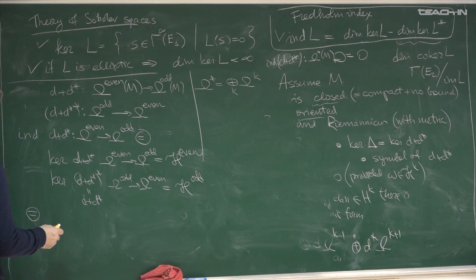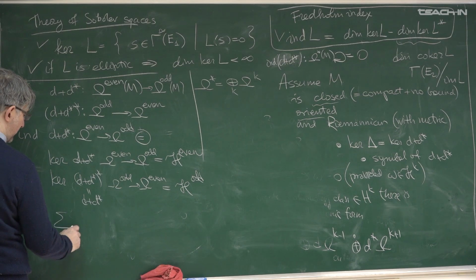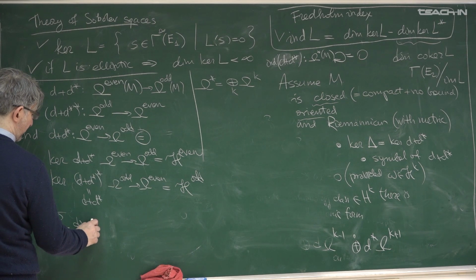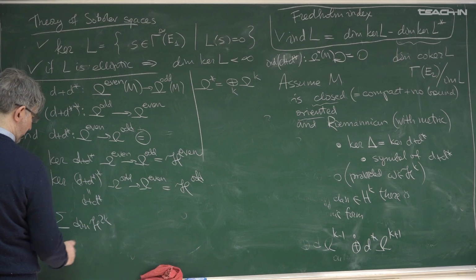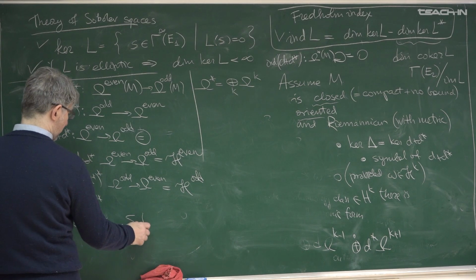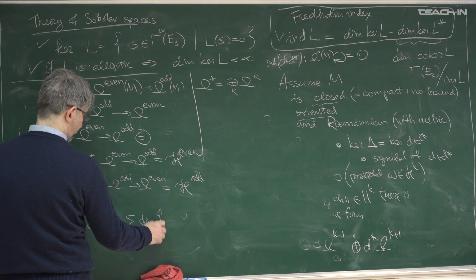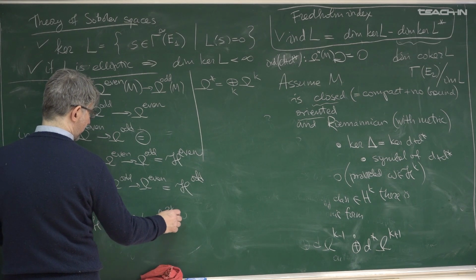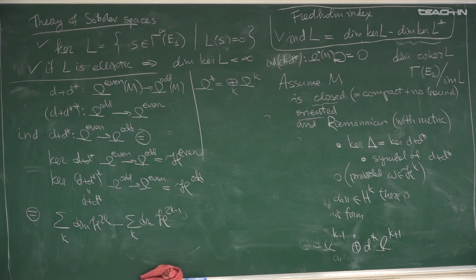Very simple thing. We take the sum of the dimensions of h^{2k} minus the dimensions of h^{2k-1}. What is the name for this quantity? Daniel, what do you think about this?